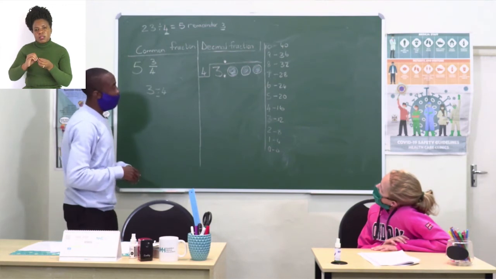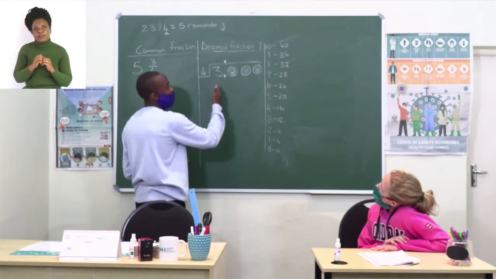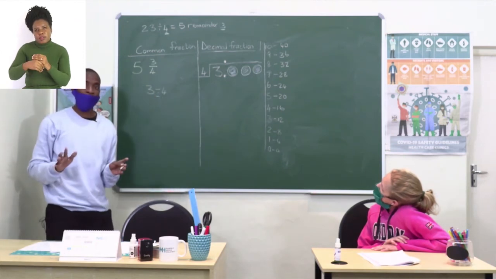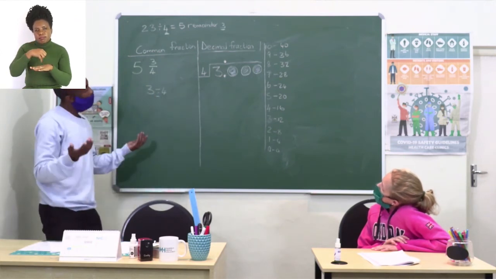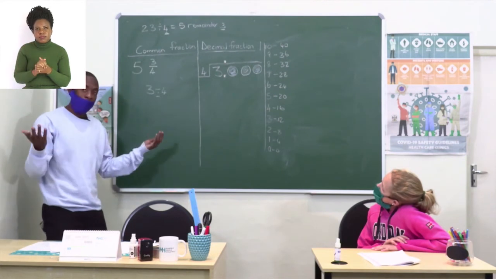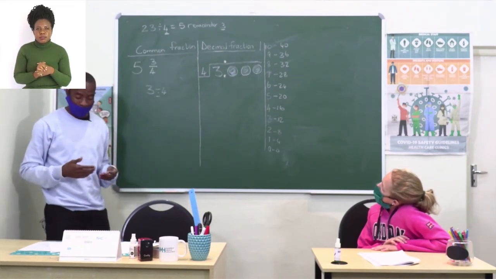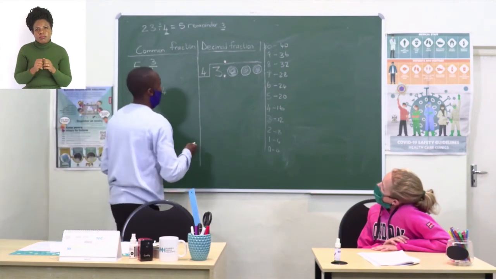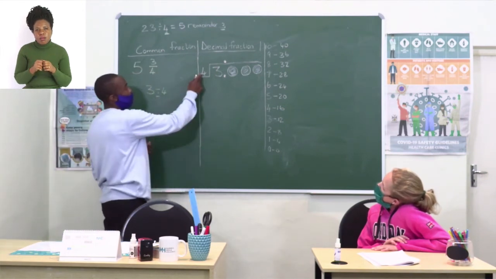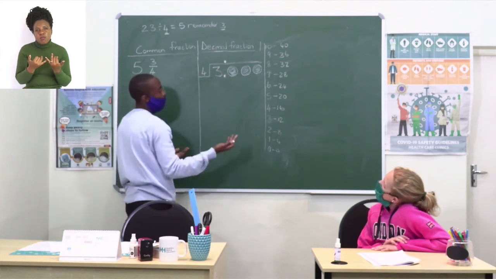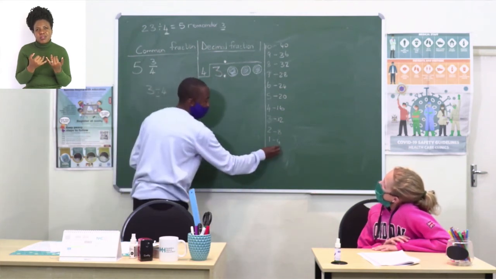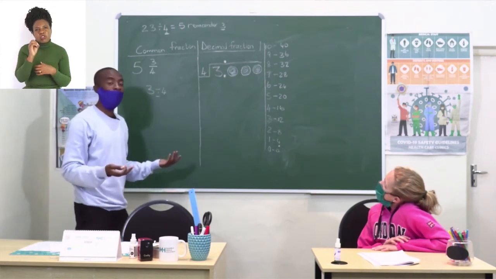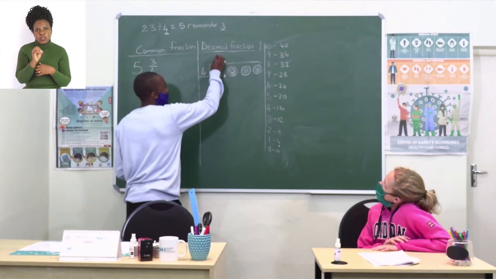As I mentioned before, try to keep it at 3 placeholders. 3 will be enough. And if there are too many, then we can make adjustments later, as I'm going to show you. So I now will say 4 goes into 3. It will go in 0 times, so I will write 0.